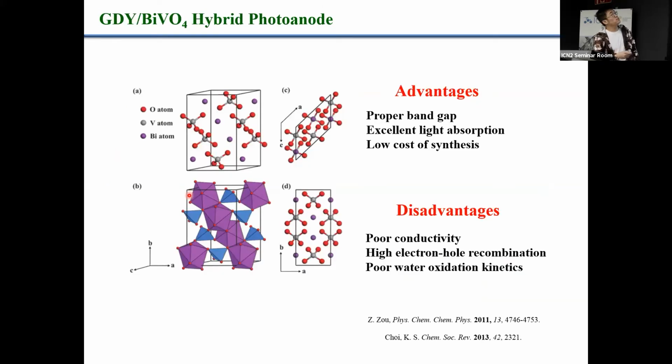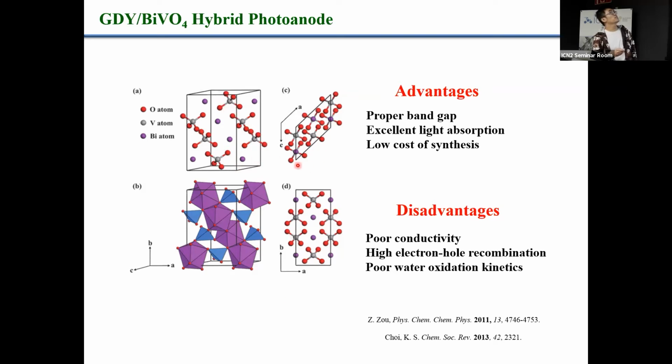Our next step is to fabricate a graphdiyne photoanode, because the last one was a photocathode. So we wondered if we can use graphdiyne for the photoanode. The answer is yes.